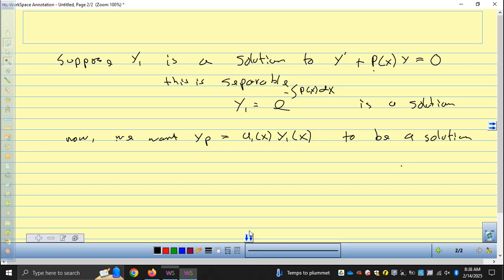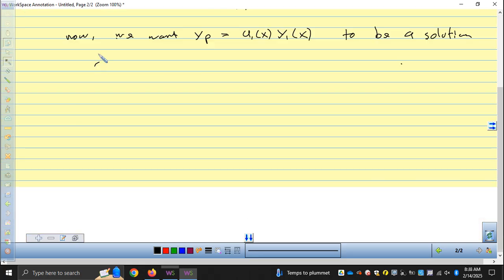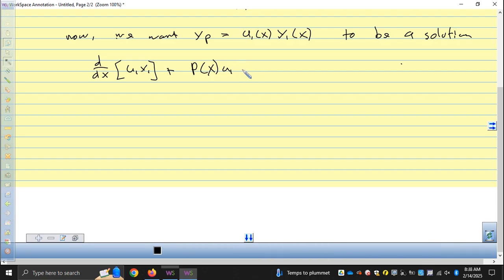Well, if this is a solution, that means that the derivative with respect to x of u1 y1 plus p of x u1 y1 equals f of x.